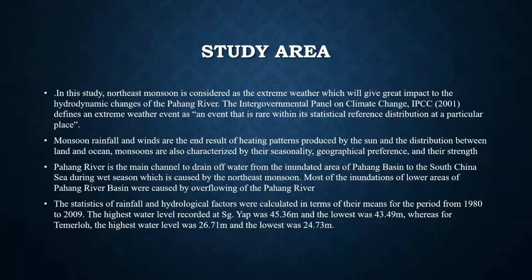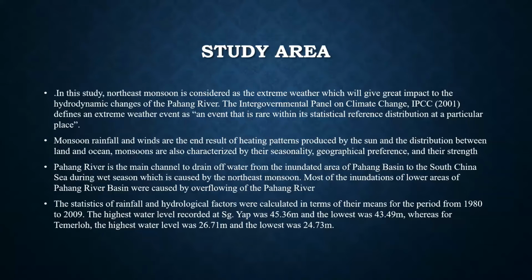The highest monthly total rainfall at Sungai Yap was 254.01 millimeter and the lowest was 106.67 millimeter. At Temerloh, the highest monthly total rainfall was 219.83 millimeter and the lowest was 93.75 millimeter.